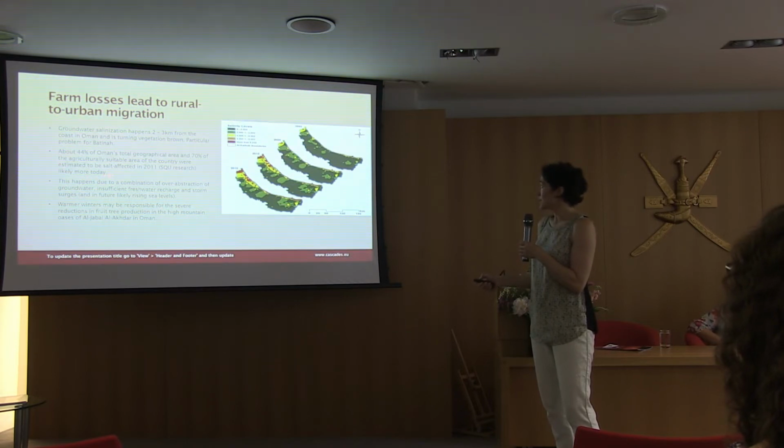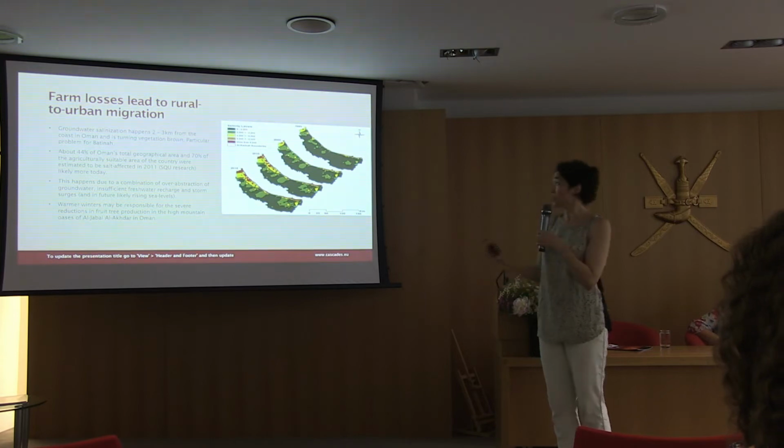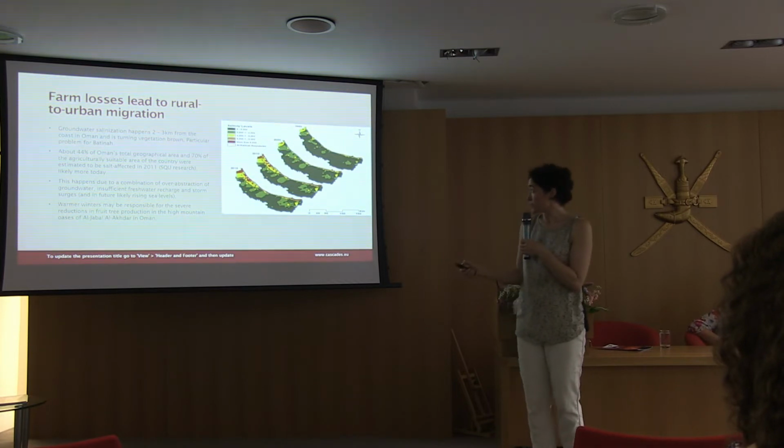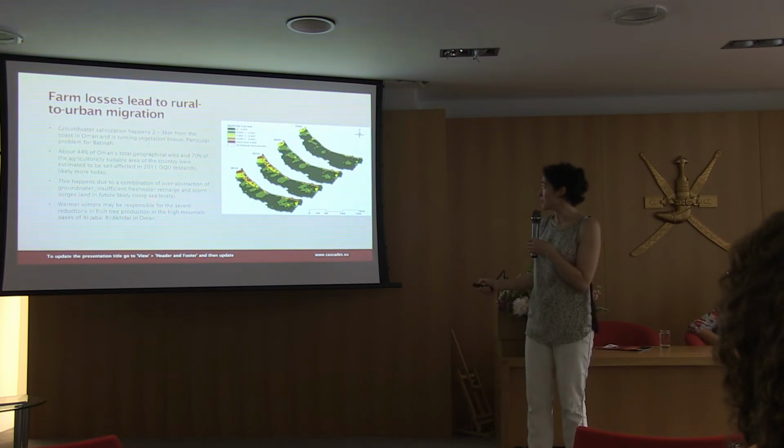And this has happened because of over abstraction coupled with less rainwater, so less recharge, and then storm surges, and in future there will be rising sea levels. So it's a very, very current problem. There's also the problem in other areas on higher ground where warmer winters have ruined fruit harvests.